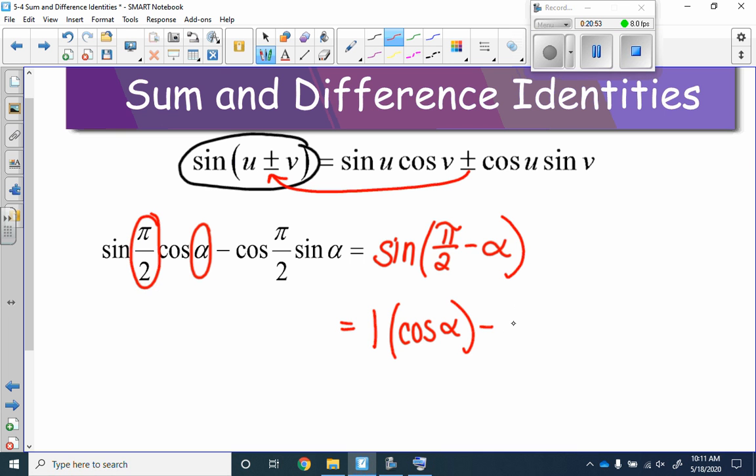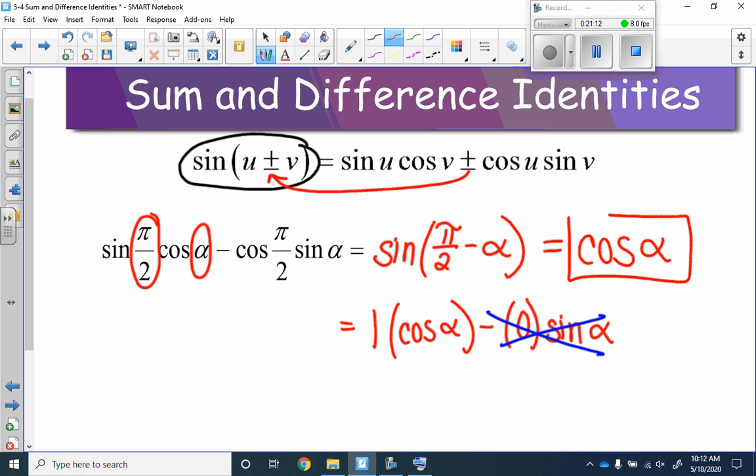And the cosine of pi over 2 is 0 times the sine of alpha. Well, 0 times the sine of alpha is 0, and 1 times the cosine of alpha is cosine alpha. So right here, all of this can be simplified to the cosine of alpha.